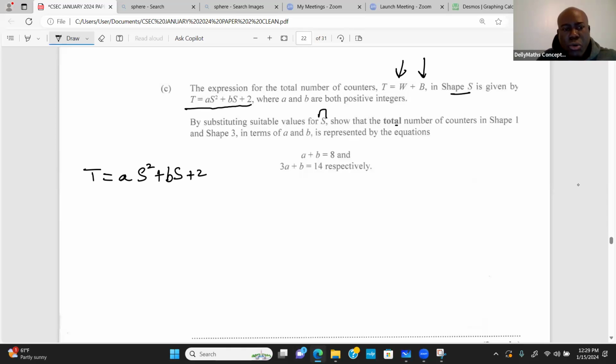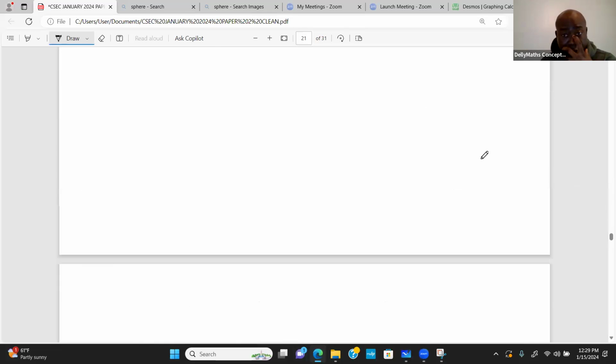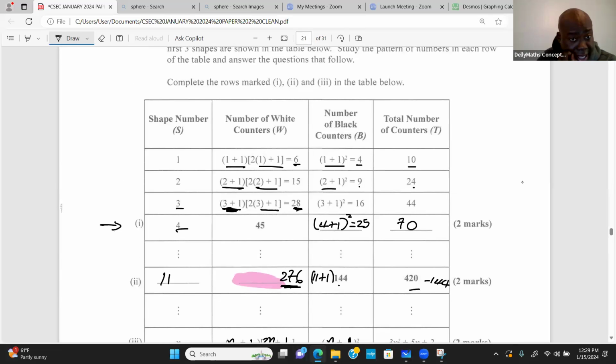All right. So the first one we want to look at is when S is 1. So when S is 1, we're going to take this, which is A times 1 squared plus B times 1, because it's the first, plus 2. This should equal the total we have for this column here at the first level.